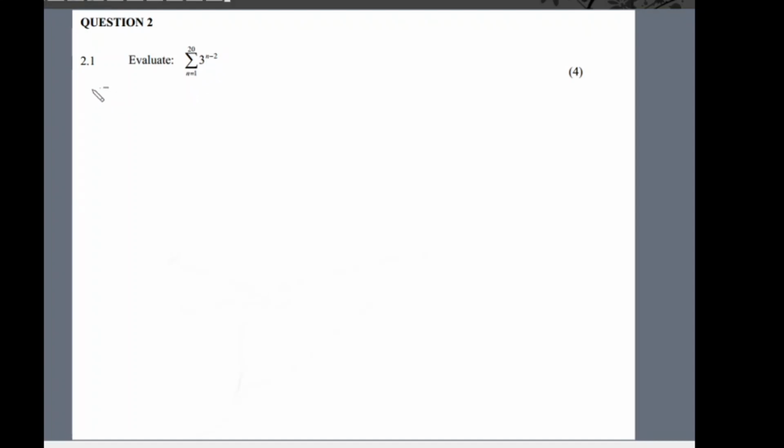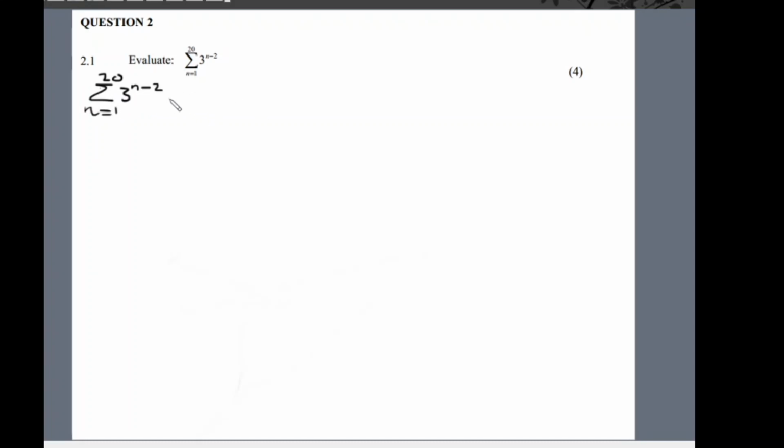If we evaluate this sigma notation, it is the summation from n equals 1 up to 20 of 3 to the power n minus 2.